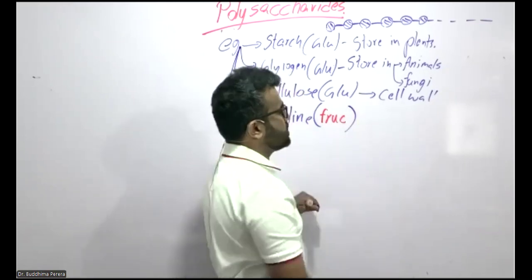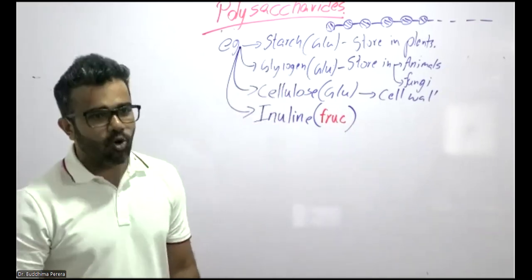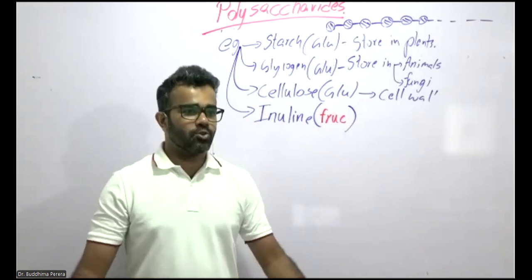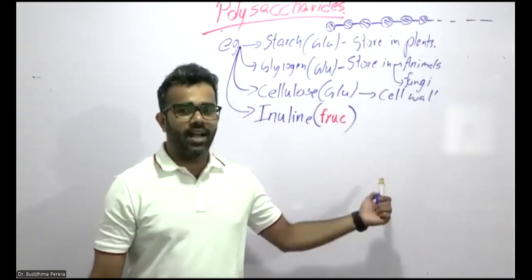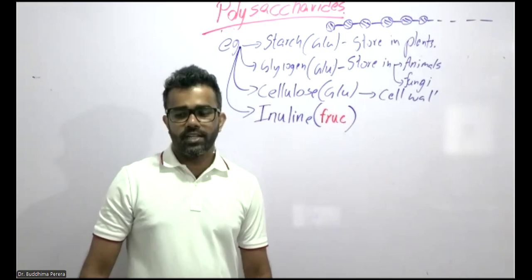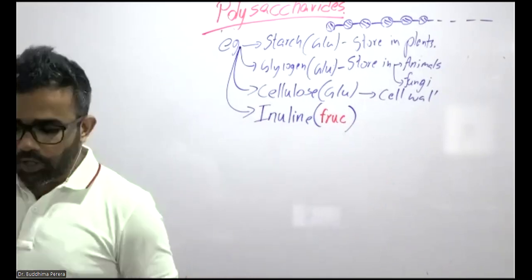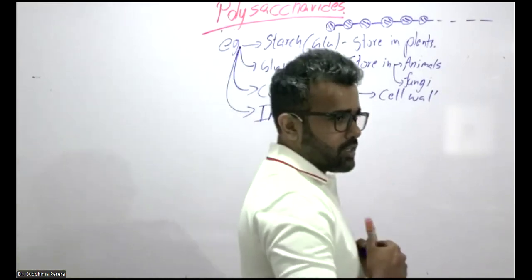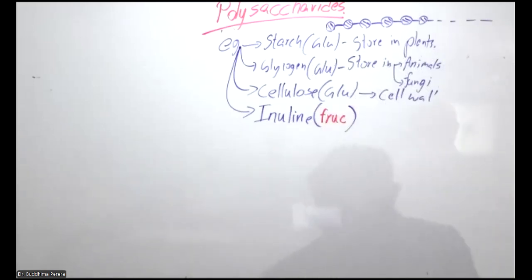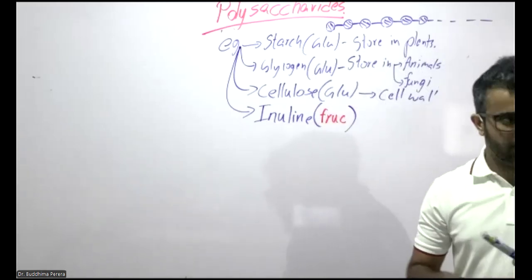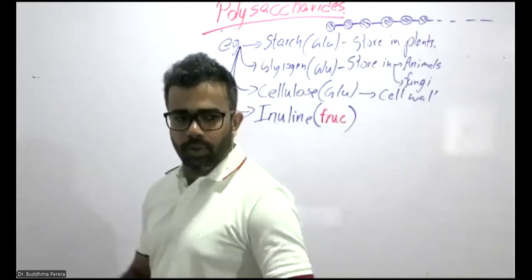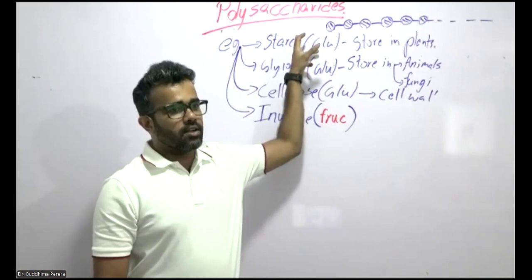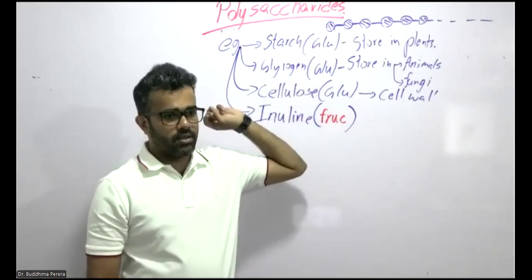So, what is the important? This is the only polysaccharide which is made up of fructose. That's why we are learning it. Right? It is the storage polysaccharide of dahlia tubers. There's a plant called dahlia. In dahlia tubers, normally plants store carbohydrates as starch, right?